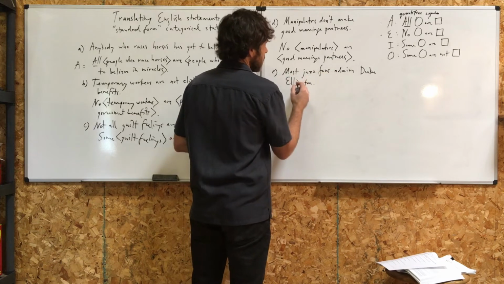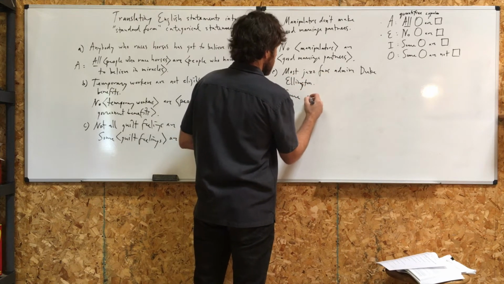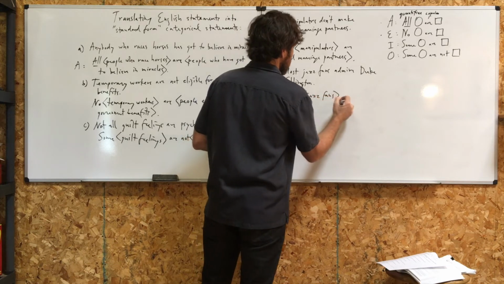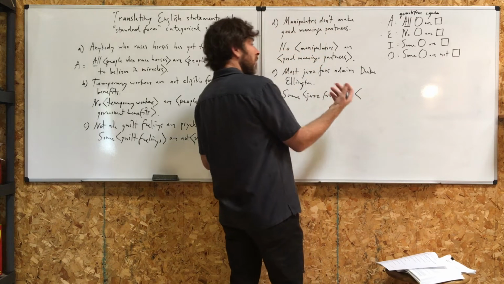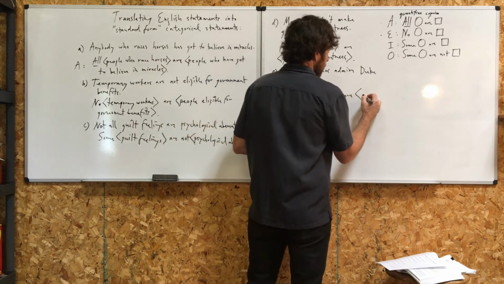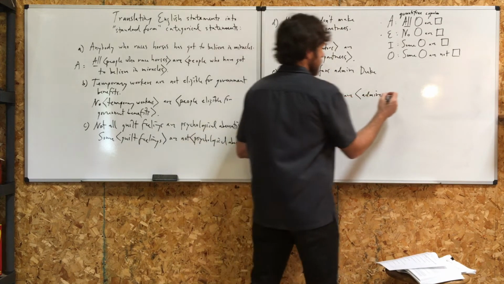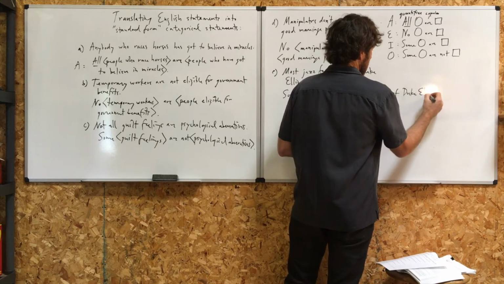So we should translate this as: some jazz fans, that's our subject term, are, let's say, people who admire Duke Ellington, or admirers of Duke Ellington, or Duke Ellington admirers.